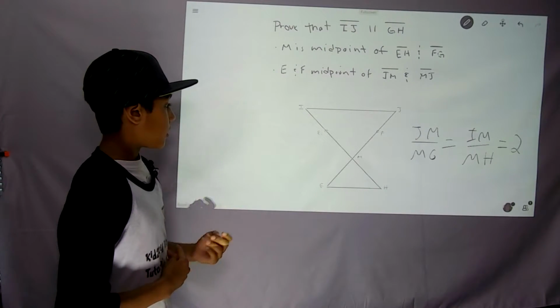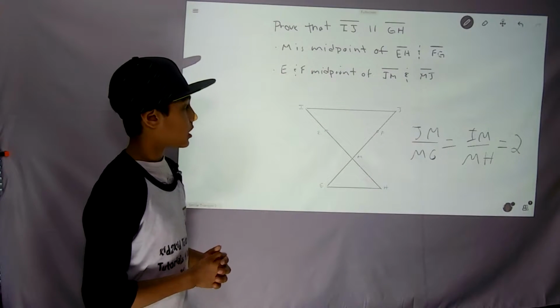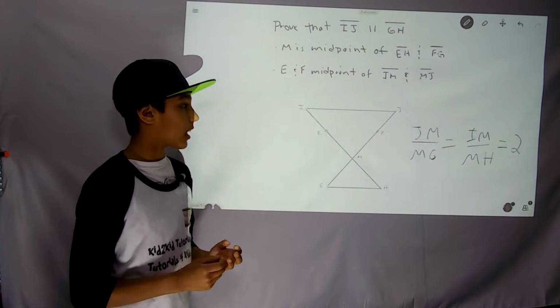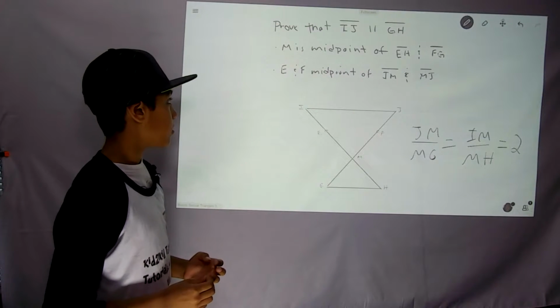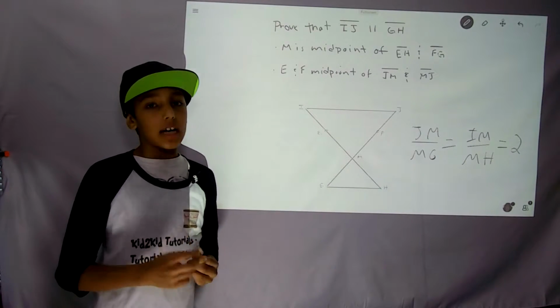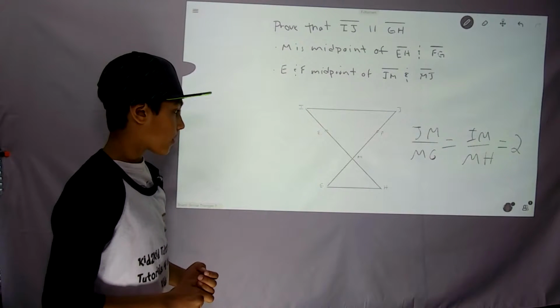Now we know that JM and MG are corresponding sides, and IM and MH are corresponding sides. We have two sides of each triangle in proportion, but we still have to find the angle.